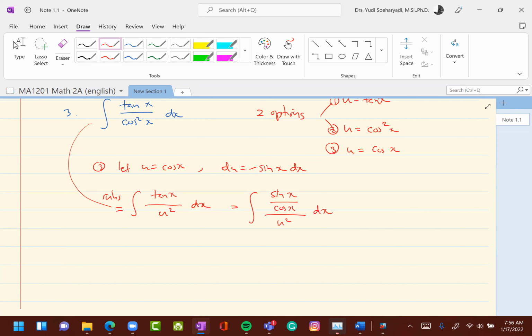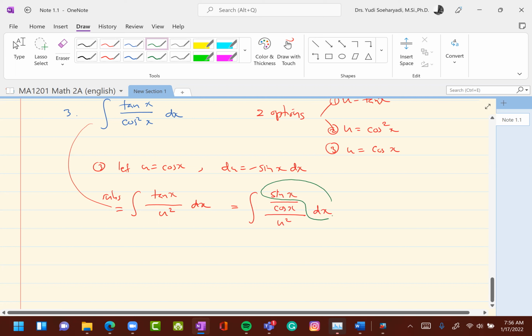And if you observe this, you continue and get 1 over u, because this is cosine.